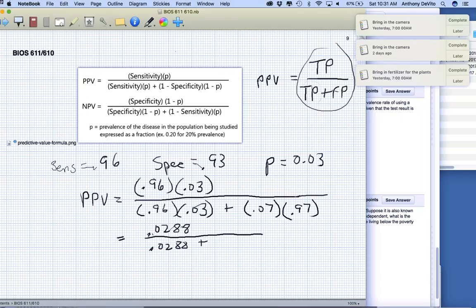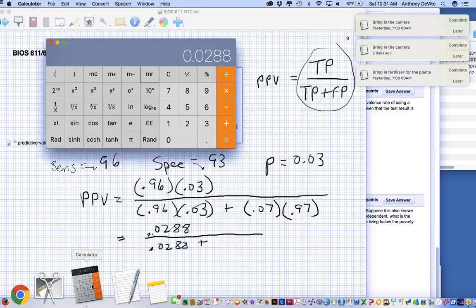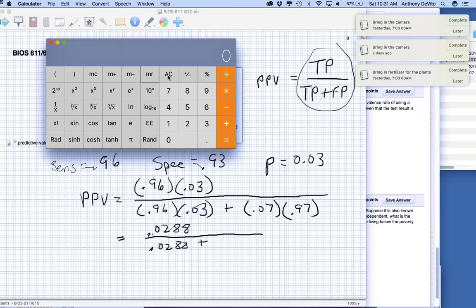Plus, go back to my calculator. And I'm going to clear that. And it's going to be 0.07 times 0.97. Yes, prevalence is 0.03.